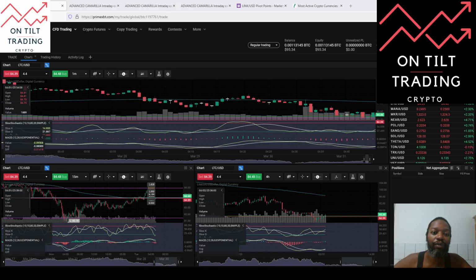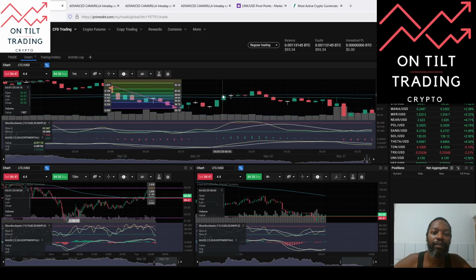So for this, I would wait for the lowest point in this price action before the pullback, and then set up a Fibonacci retracement. I'd set up the retracement up here, and then take it here.